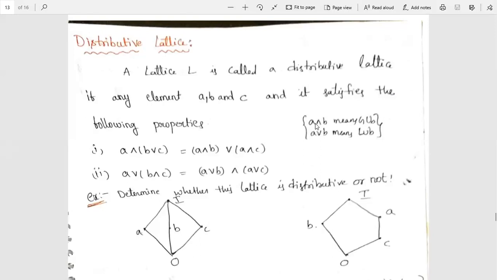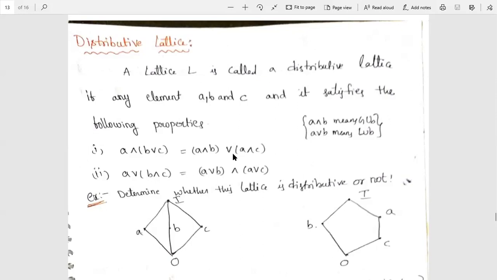A meet B means the greatest lower bound of A, B, and A join B means the least upper bound of A, B. So these are the properties. When the given lattice satisfies these properties, then we say that the given lattice is a distributive lattice.